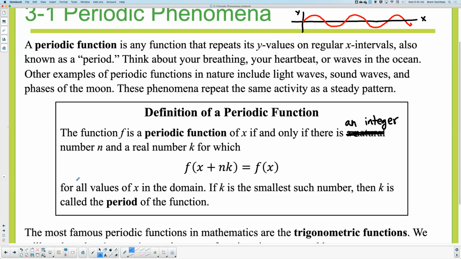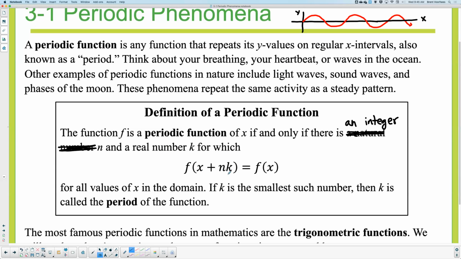It can be zero. It can't be a fraction. Can't be a decimal. It's got to be a whole number, but it can be a negative whole number as well. So whole numbers are 0, 1, 2, 3, 4, 5. Integers are -5, -4, 0, 1, 2, 3, and so on. So I can just say an integer n and a real number k, for which this is true.